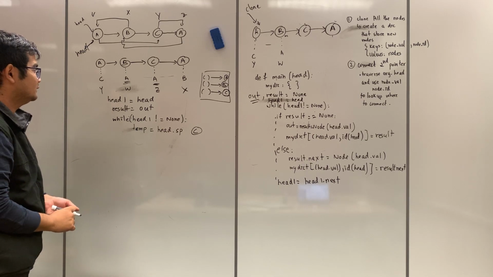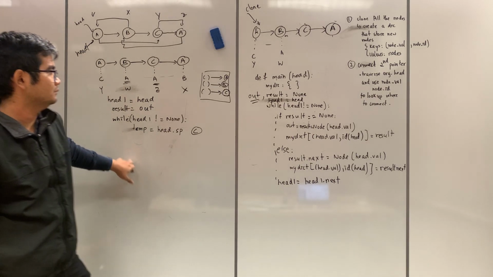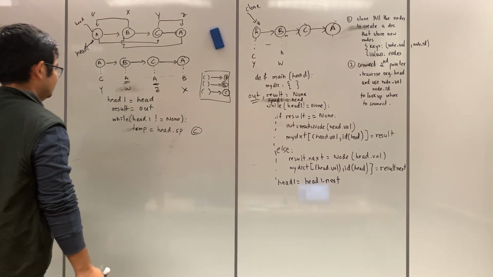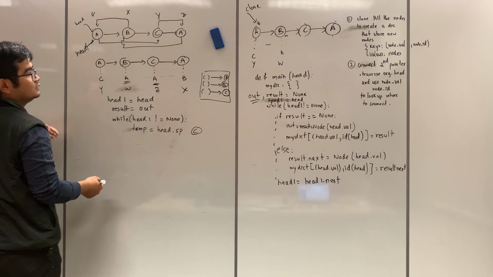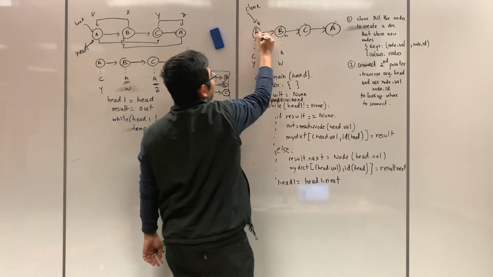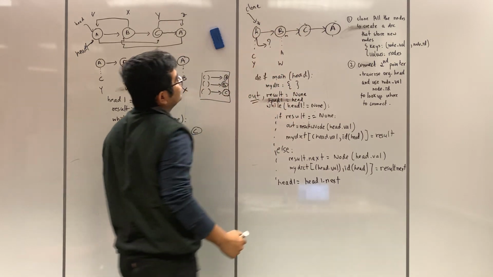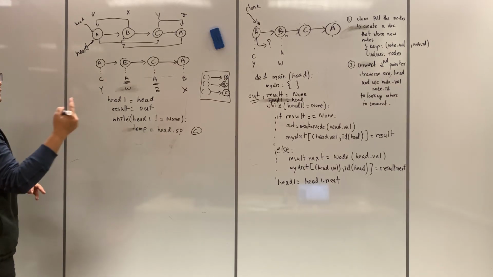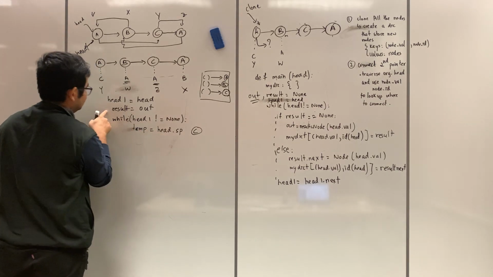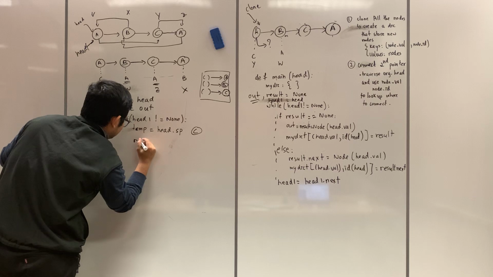So we need to look at that map, which is my dict. What we're trying to do is find where this A should point to.